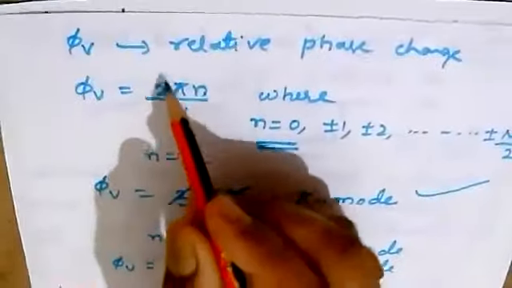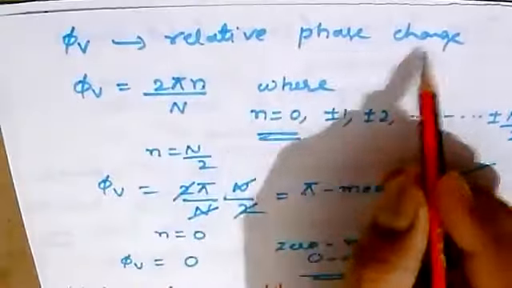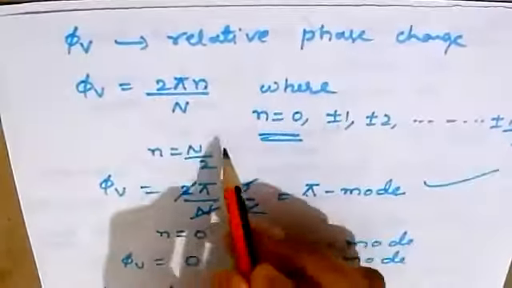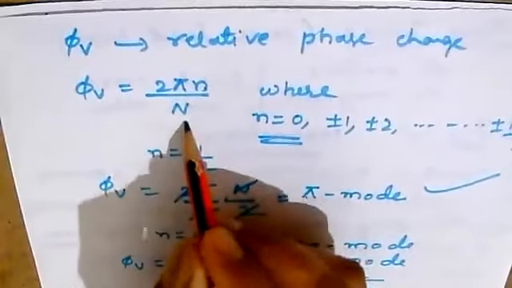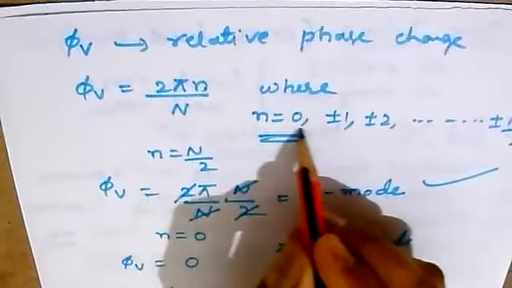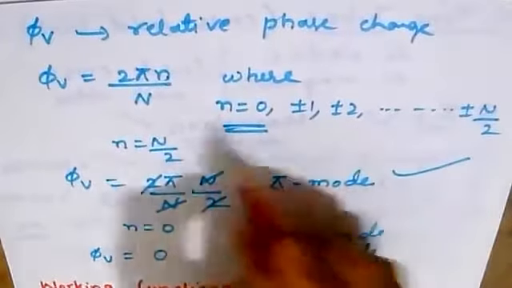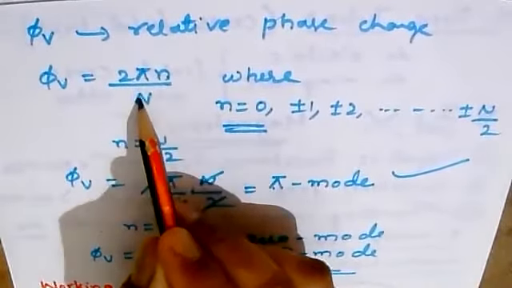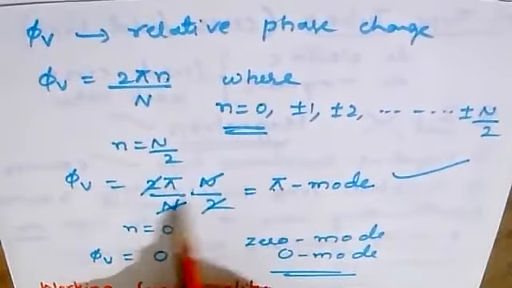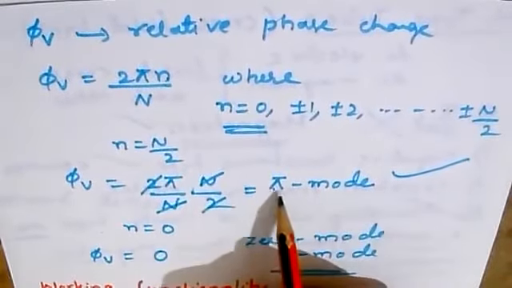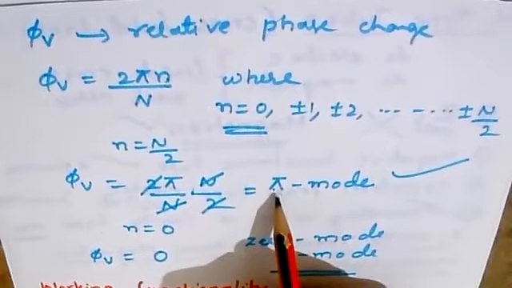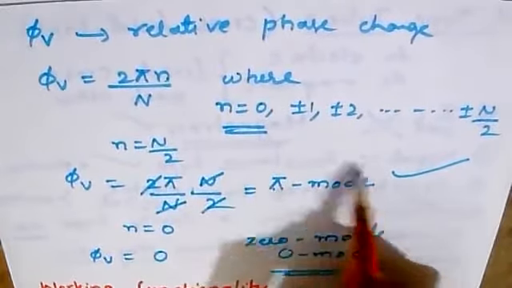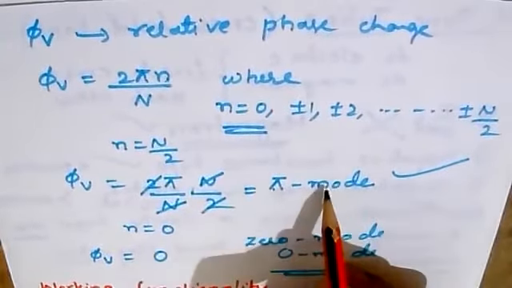Later we discussed that there are different modes of operation. The relative phase change, phi v, is given by the expression 2 pi n by N, where n takes different values. If we substitute n equal to N by 2, then N and N get cancelled, leaving only pi. This is said to be the pi mode of operation.